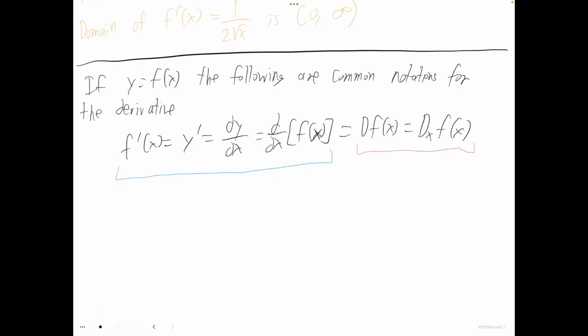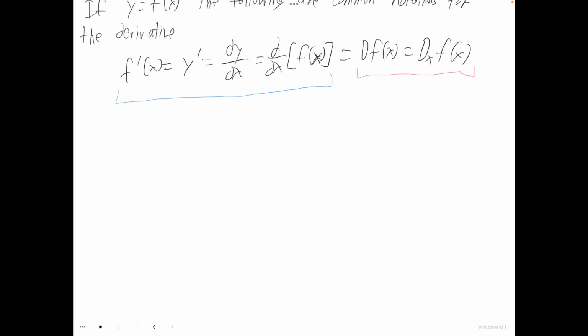We're just not going to use them in this course. One thing that can be slightly helpful to be aware of is the notation d over dx is called an operator. This is kind of like if we write something like a plus in the middle, it's saying do the operation of the derivative.